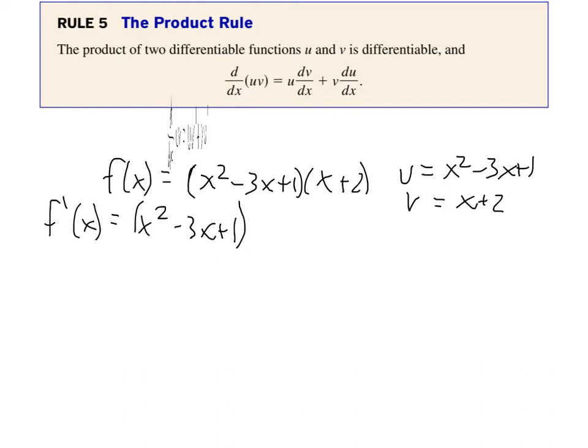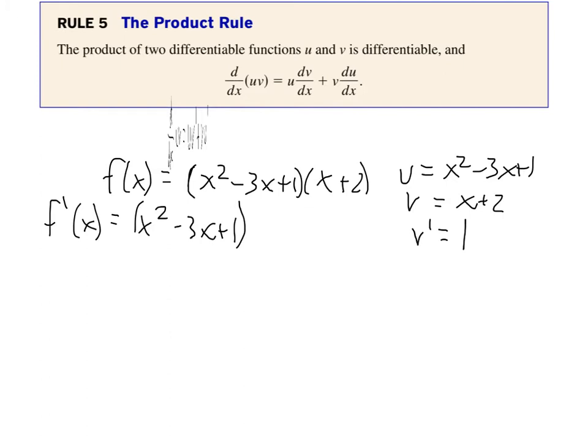So I need to find out what is v prime. Well, if we use the power rule, x has a power of 1, so I bring the 1 down in front, and then I do x to the 0th. Anything to the 0th is just 1, so it just becomes 1. And then the second part of v is a constant, and we know that the derivative of a constant is 0, so v prime is just 1.